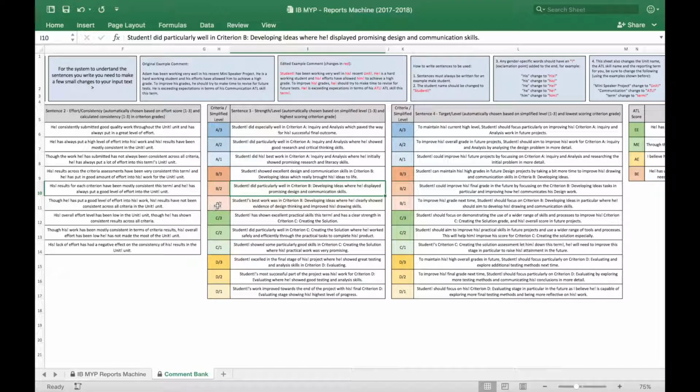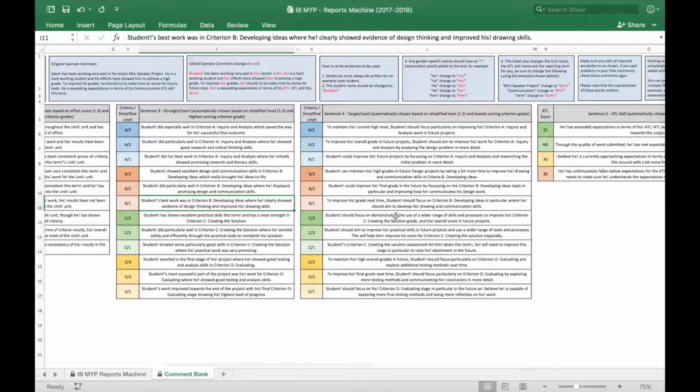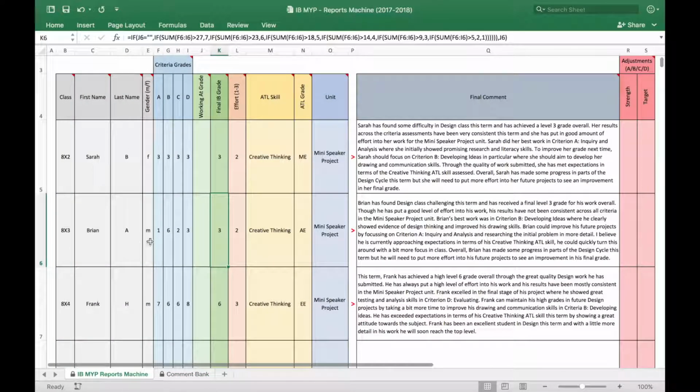The reason I've split this up into a level specific thing as well, I've actually simplified the level. So if your student is getting, I think it's a 6 or above final level, they'll be given this. If they're somewhere in the middle, they'll be given that. And if they're getting below a 3, they'll be given this. The reason I've done that is because sometimes, especially for the target criteria, sort of to improve, it doesn't make sense if your student, for example, has straight 8s.